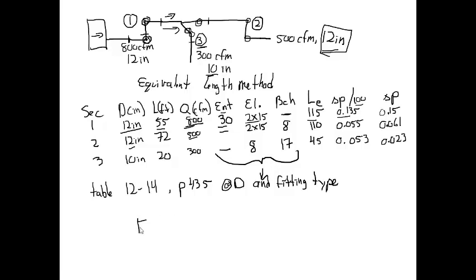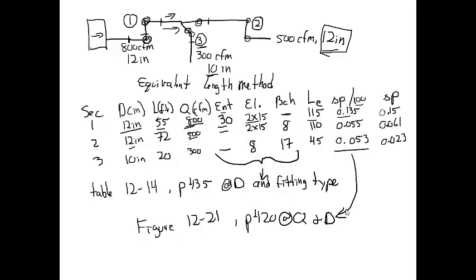And then figure 12-21 on page 420, you can get the loss per 100 feet. You can basically get your loss per 100 feet for flow rates at specific diameters. This would be the equivalent length method. Okay? I hope that's clear, guys.